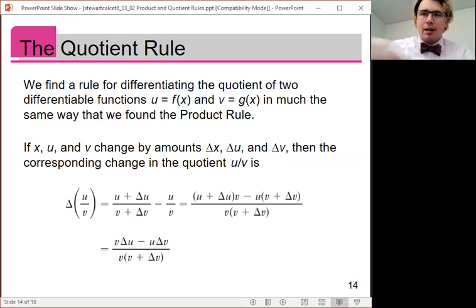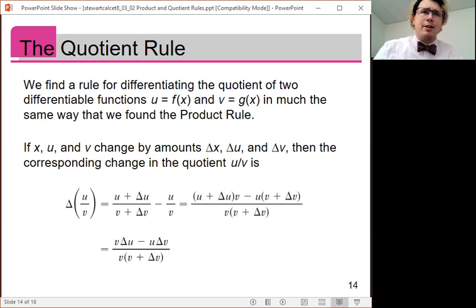So here, we're writing again in terms of these dependent variables u and v, or if you prefer, f of x and g of x, respectively. So the idea is, what would we get from setting up this difference quotient?